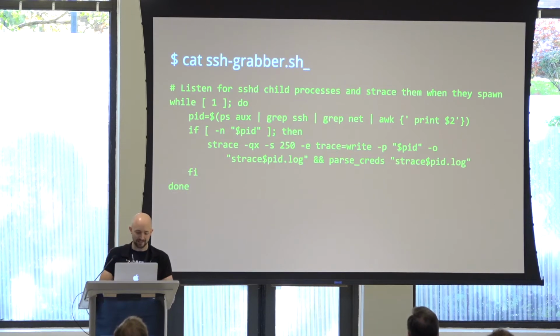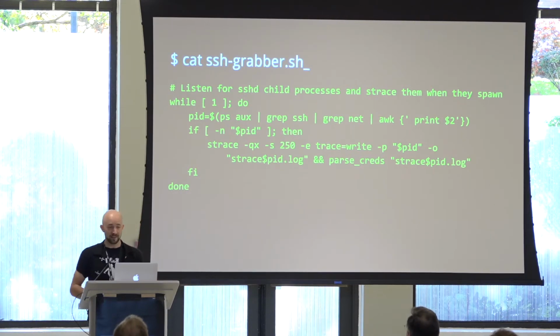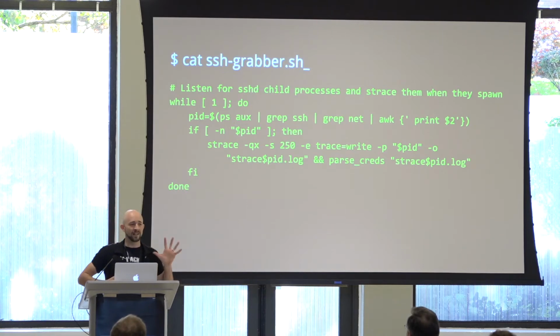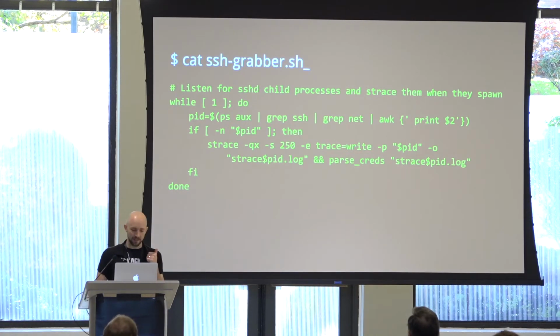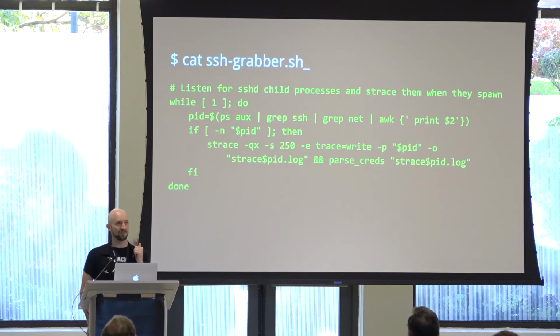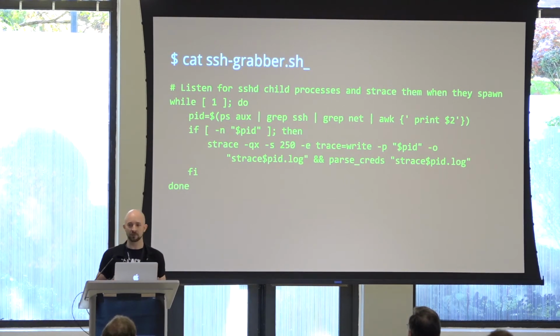Okay? Nice and easy. Now, some of you who are familiar with strace might be asking the question, why didn't you just use its built-in capability to follow forks? And that's a perfectly valid question, because it can do that. The reason why we're doing it this way is because if we use the process to follow forks automatically, then there's only one strace process running the whole time the script is running.